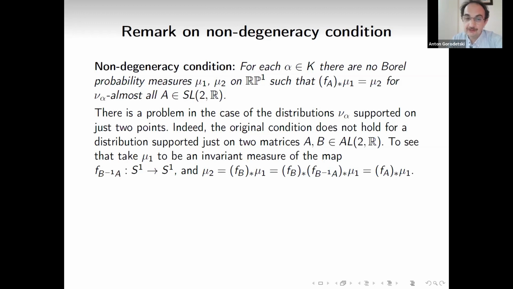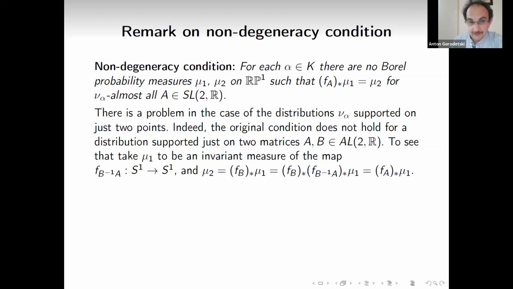It's easy to see, because you can consider just the product of A and B inverse, and it will map a projective space to the same projective space. It does have some invariant measure, and you can use that invariant measure and consider the image of that invariant measure under the linear transformation B. And you get exactly those 2 measures that we want to prohibit.